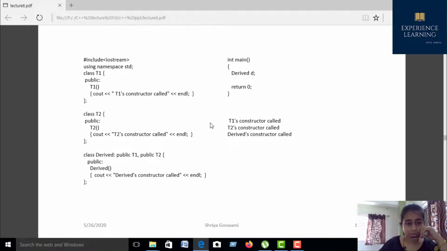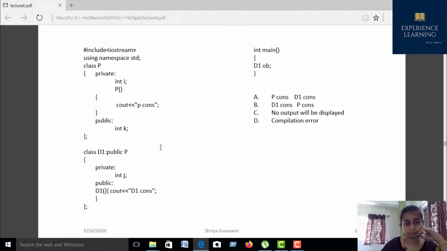In case of this example, as this is a multiple inheritance example, T1 and T2. As it is first inherited, you are writing T1 and then T2. First the T1 constructor will be called, then T2, and then the derived class constructor will be called. So it is associated in this way, left to right.